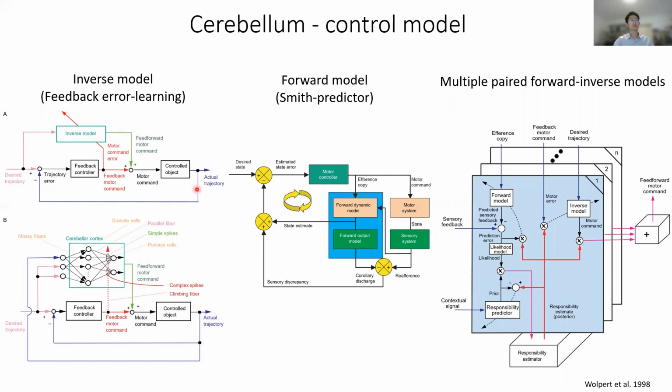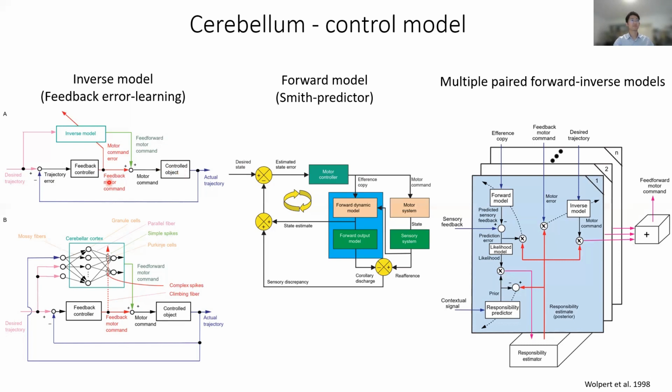So here this is a control scheme. Let's go first to this feedback loop. Assume that your command is a desired trajectory, and through a feedback loop you have the actual trajectory, and this feedback controller operates on this trajectory error and gives a modified motor command to the controlled plant.